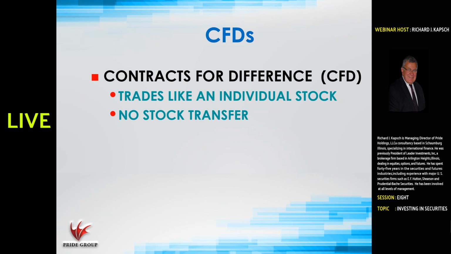The drawback on a CFD is you've got to know who you're dealing with, because you don't have the exchange or the Securities and Exchange Commission in the United States backing these particular stocks. In other words, you're simply betting on the financial wherewithal of the company that's issuing these CFDs. So they're considerably more risky than buying individual securities.